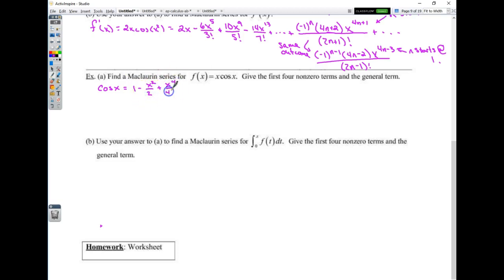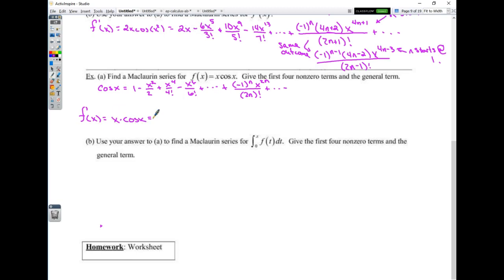So cosine of x is 1 minus x squared over 2 plus x to the 4th over 4 factorial minus x to the 6th over 6 factorial, plus negative 1 to the n, x to the 2n over 2n factorial. That's what I have. I want to find f of x, which in this problem is going to become x times the cosine of x.